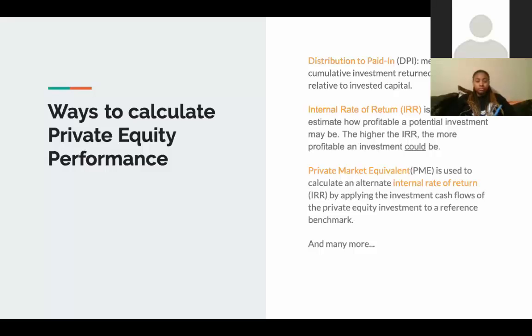It's not necessarily the actual return, from my understanding. And the private market equivalent, also known as PME, is used alternatively to calculate the IRR, and puts it in reference to a benchmark.